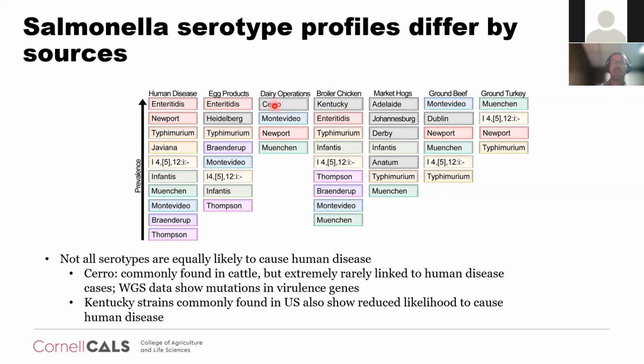If you look at dairy operations, we're going to come back to this Salmonella serotype. You can see it is the most common serotype there, but it doesn't show up in the top human Serovars. Broiler chicken, Kentucky is high up, but doesn't show up in the top human Serovars.